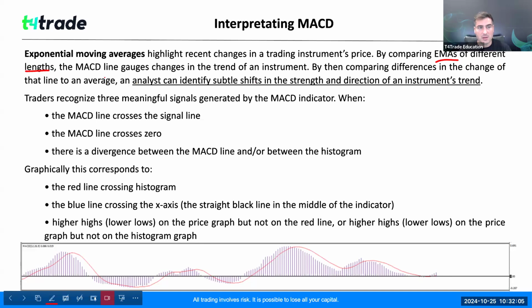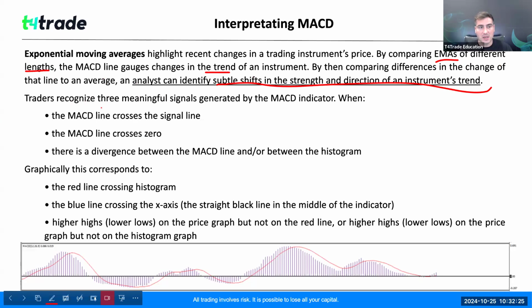That's the whole point. The MACD line gauges the change in trend of an instrument. Okay. By then comparing the change of that line to an average, analysts can identify subtle shifts in the strength and direction of an instrument's trend. Okay, this is what the MACD and the signal line give you.